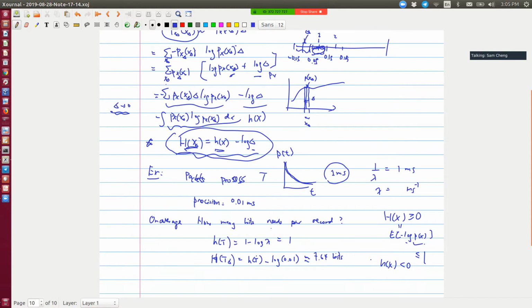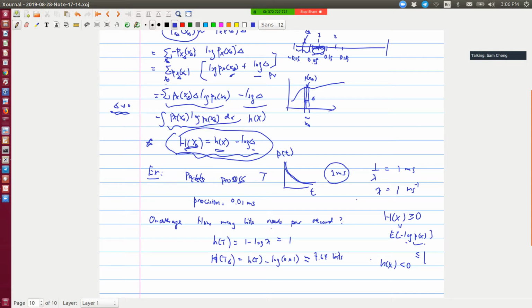Let's say we want to store a packet processing time, and it's exponentially distributed with parameter lambda equal to 1 per millisecond, and so therefore the mean is just 1 millisecond.